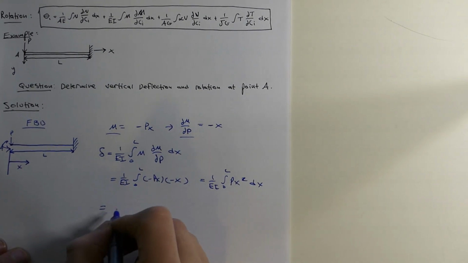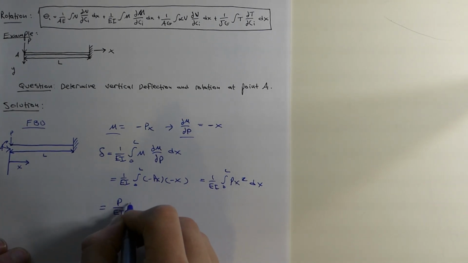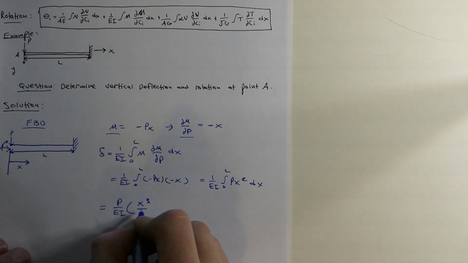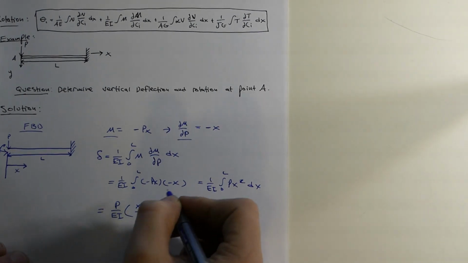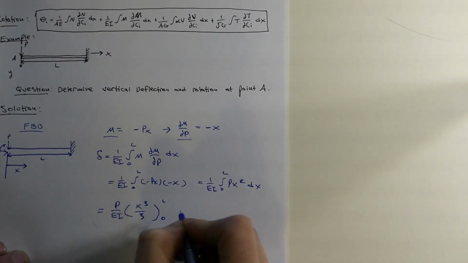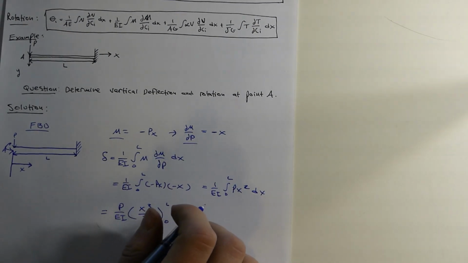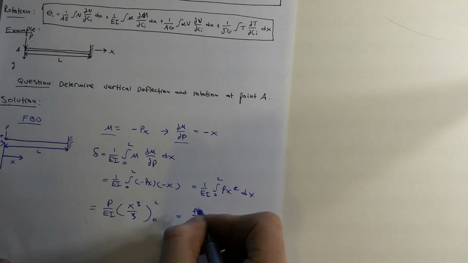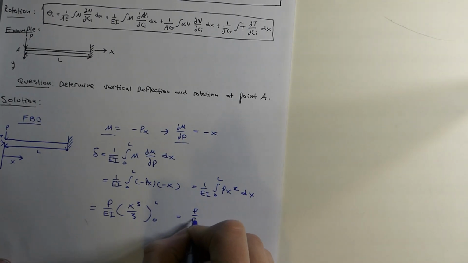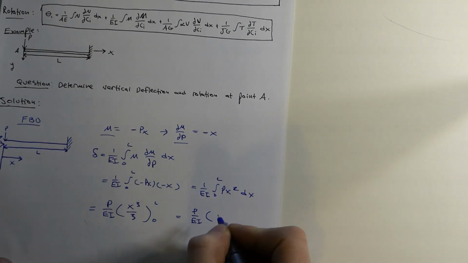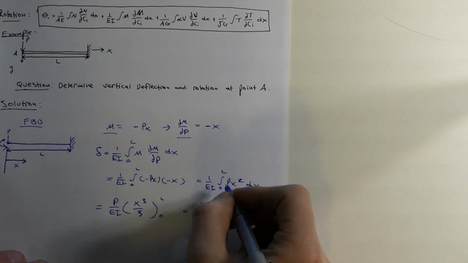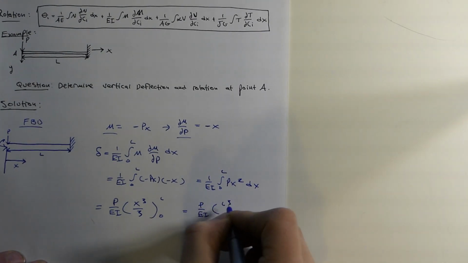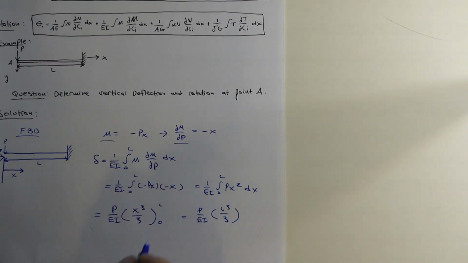You can take p out of the integral, so that's equal to P over EI times x cubed over 3 from 0 to L, which is just equal to P over EI times L cubed over 3.